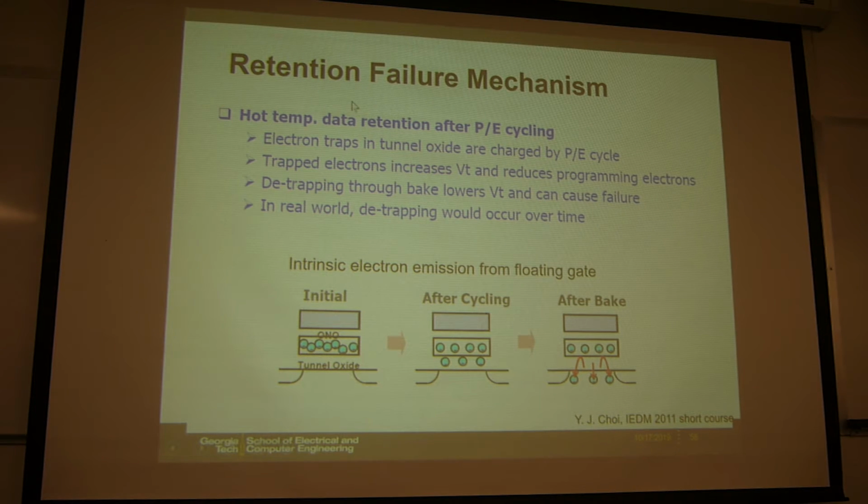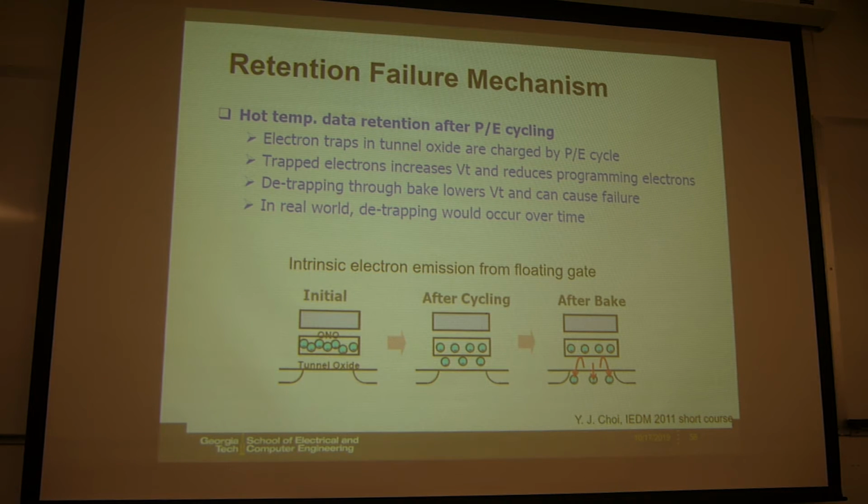And the retention, okay, the retention failure mechanism. Typically when we talk about retention, we need to consider high temperature, because first of all you have to sustain higher temperature. For example, because you are in Arizona, you have to sustain higher temperature.